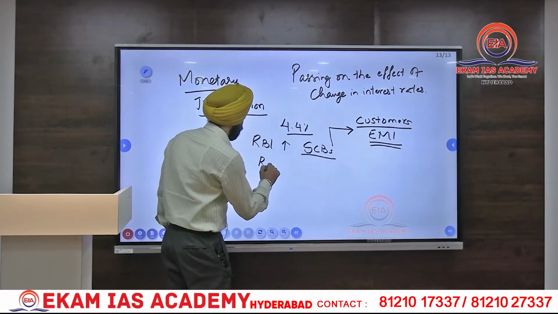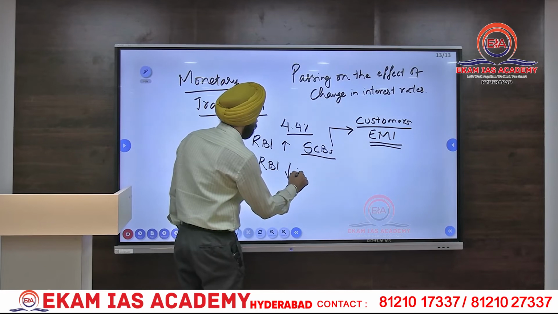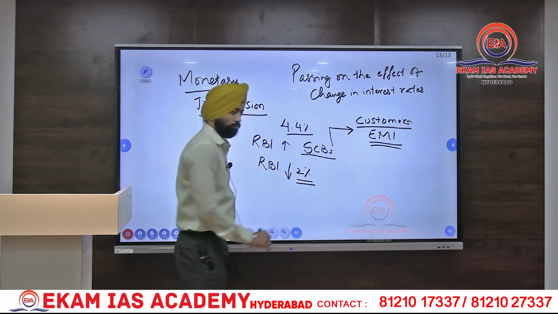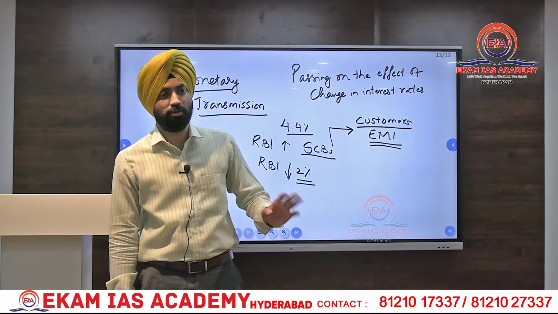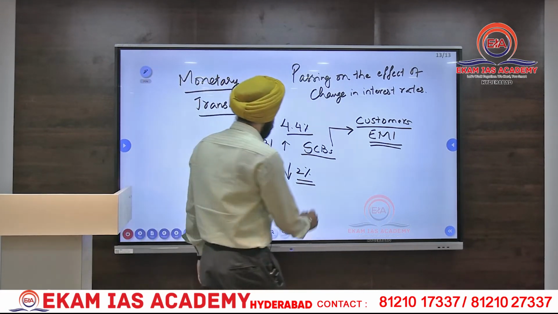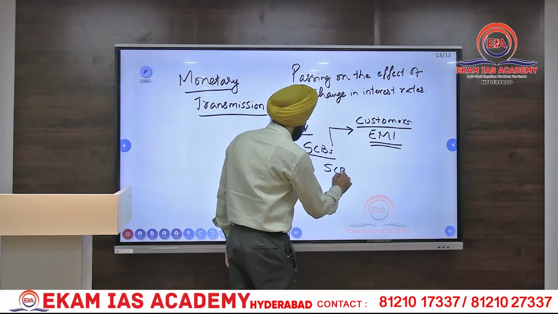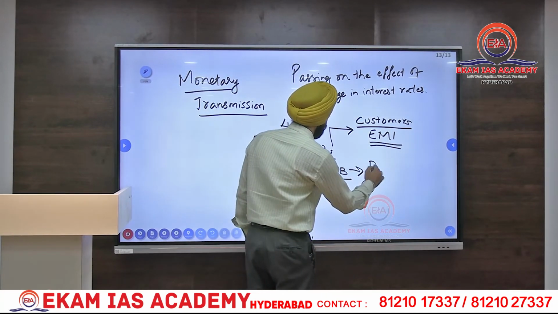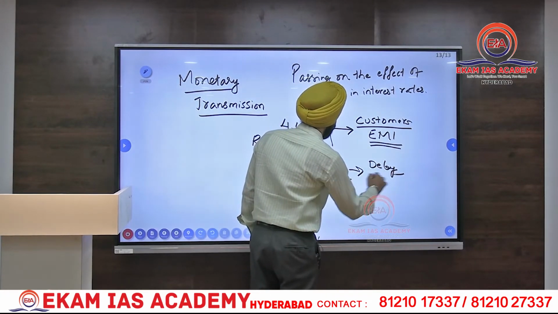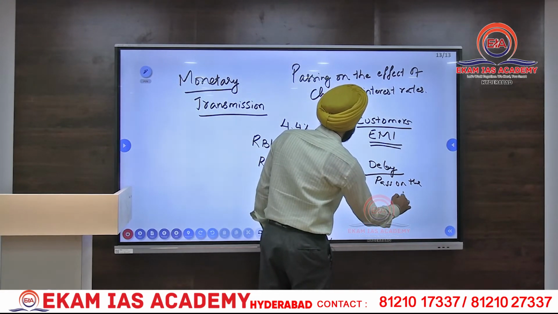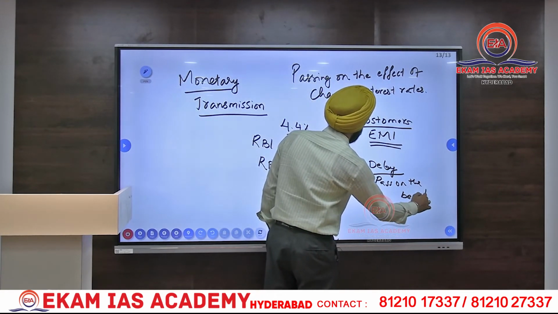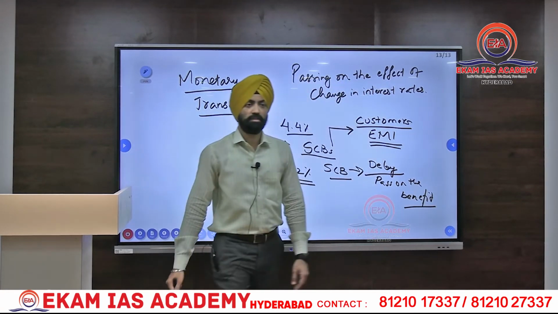Now say for example, RBI says the repo rate is 2%. Tomorrow the RBI governor gets up and says nothing doing, repo rate 2%. Now the same commercial bank will try to delay passing on the benefit. The problem here is there is no time band specified. That is the challenge.